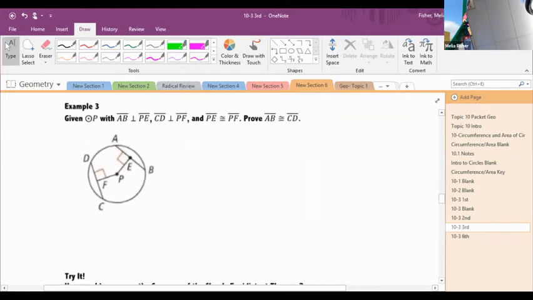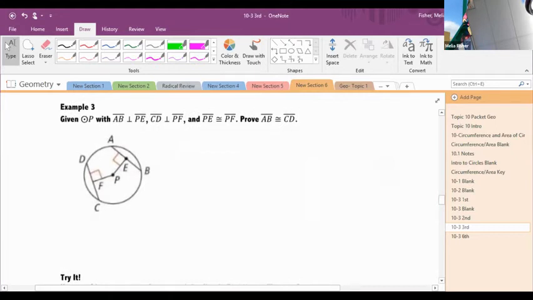Example 3. Again, we're going to go really informal in proving this. We're just going to say that we have all this given information, that this is perpendicular, which means this is also 90 degrees, and this is 90 degrees, and that's 90 degrees. The other thing that they told us is that PE is congruent to FP.